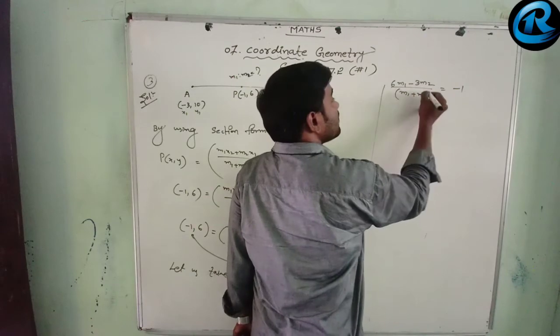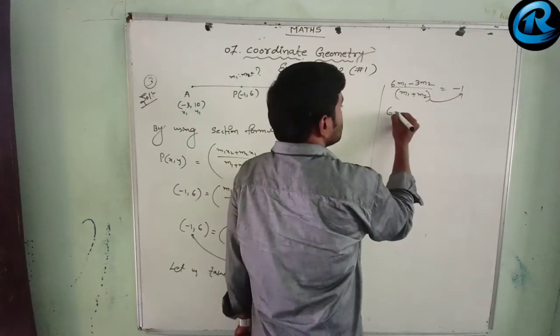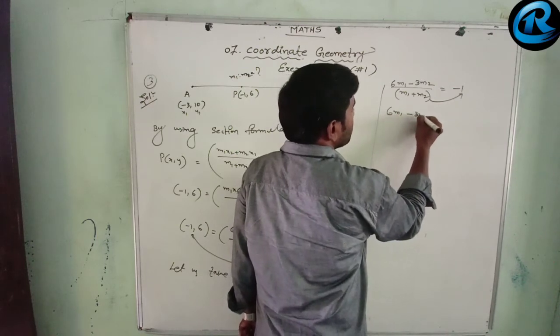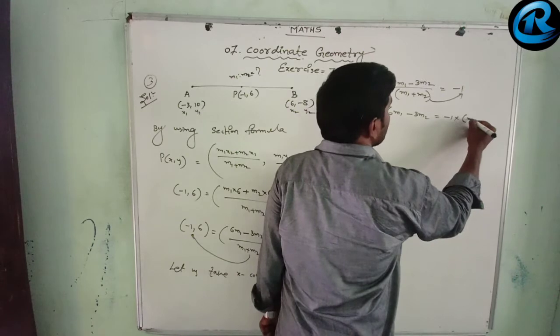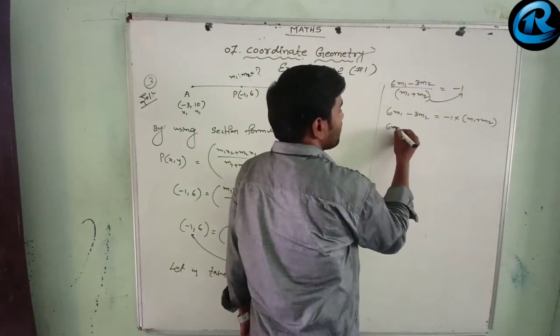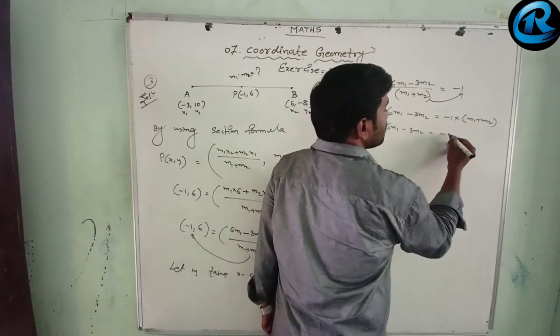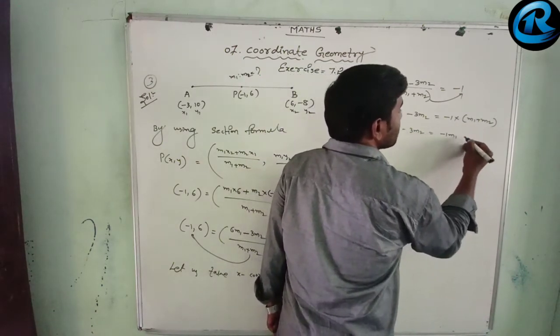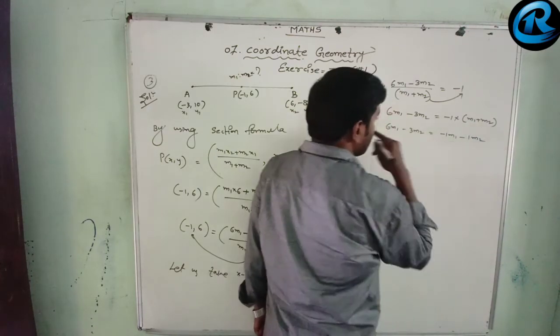This m1 plus m2 is dividing, so we will transfer this side, that becomes a multiplication. So 6m1 minus 3m2 is equal to minus 1 into m1 plus m2. So here 6m1 minus 3m2 equal to minus 1 m1 plus minus 1 m2.